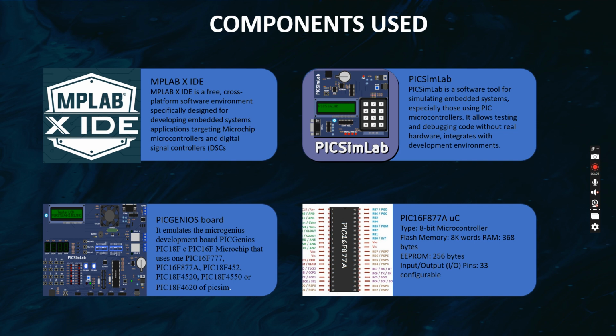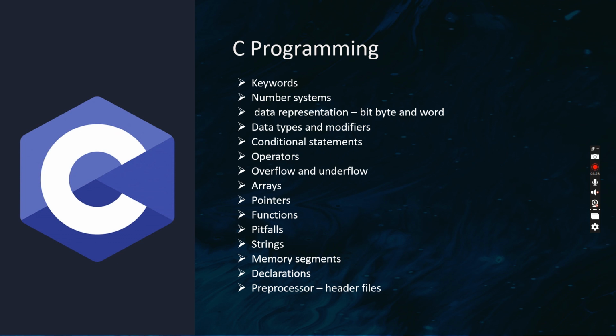Next, C programming. In C programming we started with keywords. Keywords in programming are a predefined set of words which we cannot use for operations other than what they were developed for.